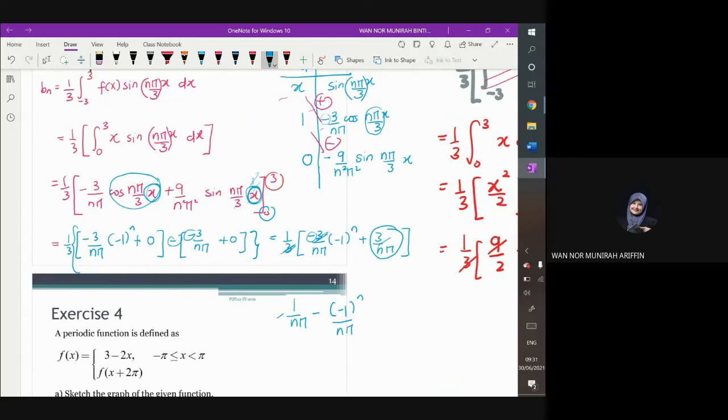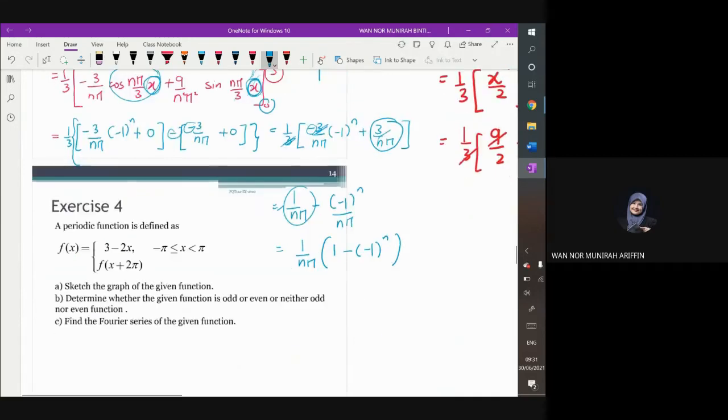So I can simplify this solution as 1 over n pi, factorize, and inside I have 1 minus negative 1 to the power of n. Otherwise, you can put this one as 1 over n pi, 1 plus negative 1 power n plus 1. It's the same. Either this one or this one is your solution. To avoid any confusion, you just put it like this as your solution, or if you put it like this is also good.